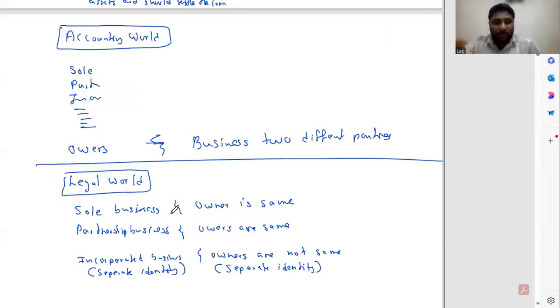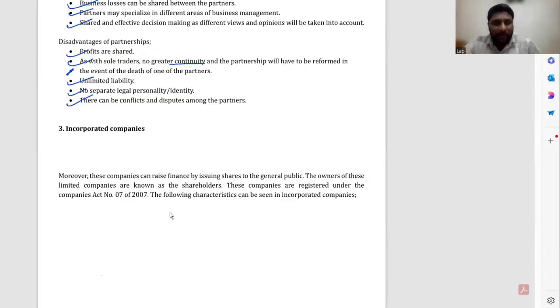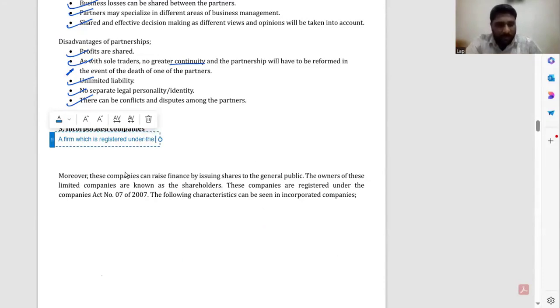So let's write down the note for the incorporated businesses. A firm which is registered under the Act number 7 of 2007.